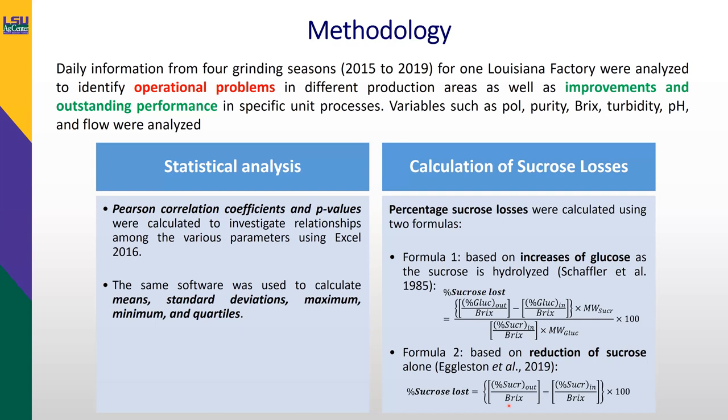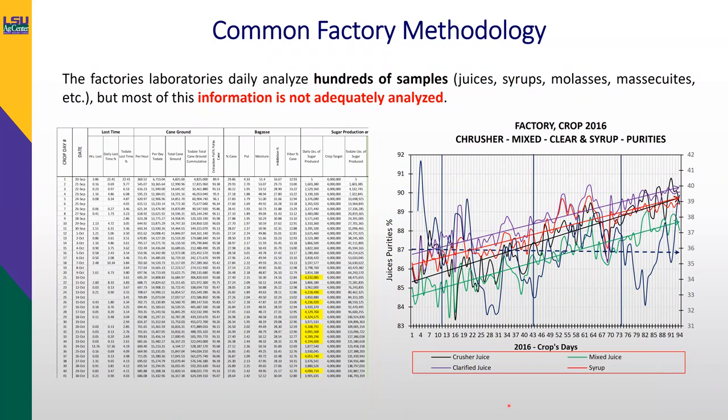The common methodology in this factory is just to graph some of the information obtained daily. The factory's laboratories analyze hundreds of samples daily. They analyze juices, syrups, molasses, massecuite, among others.